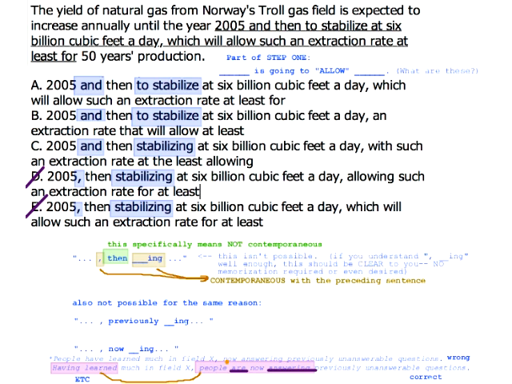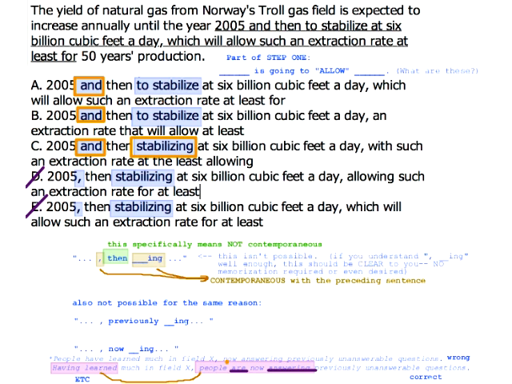But you don't forget the parallel aspect, right? So if here we're not connecting entire sentences, we're connecting pieces of sentences, and so those pieces absolutely must be parallel. So stabilizing is problematic because nothing is parallel to it.